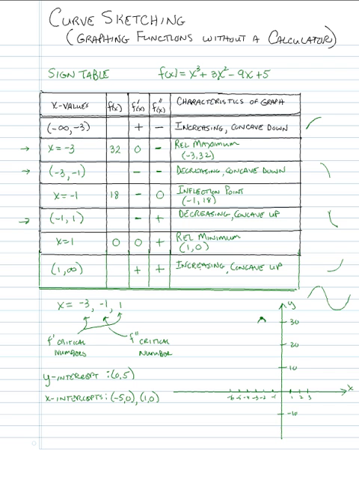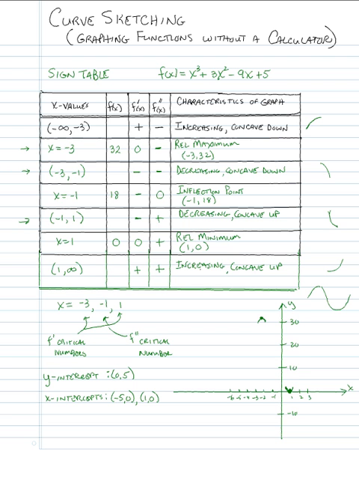Okay. And then I'm going to jump down to the relative minimum, and that's at 1, 0, isn't it? So right here we have a relative minimum, so we know the graph has to look something like this there. I'm just roughing that in.